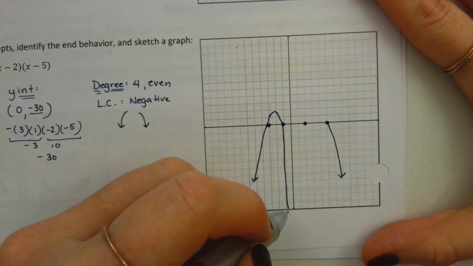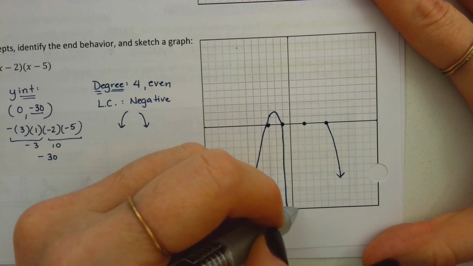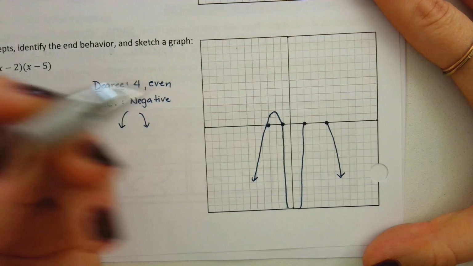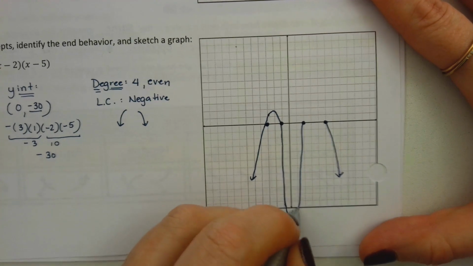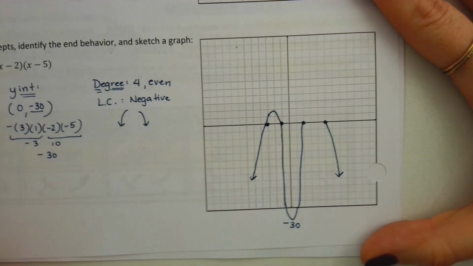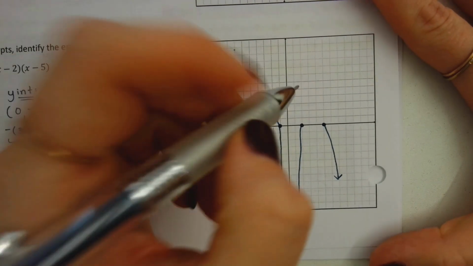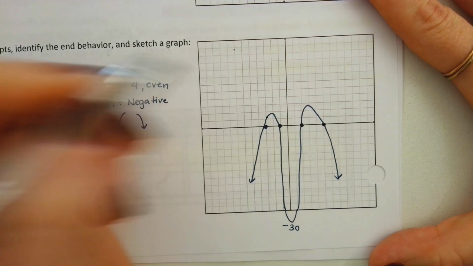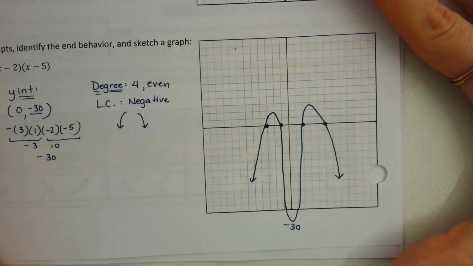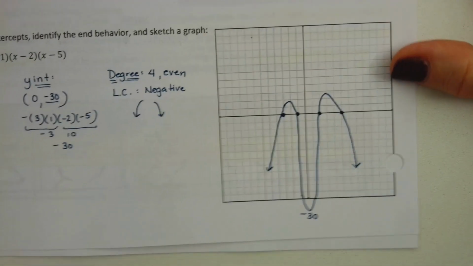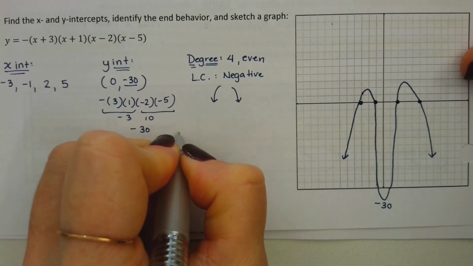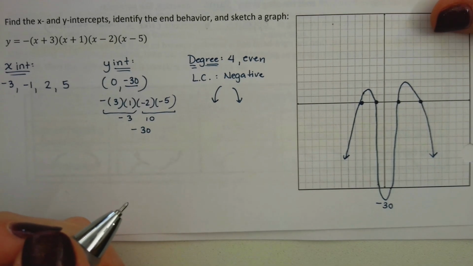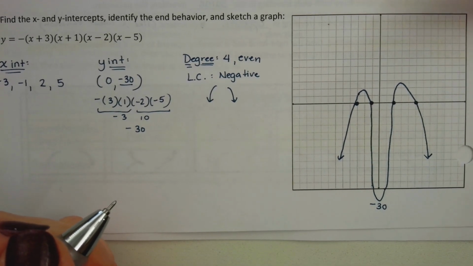And then it's going to pick up, come back around, get this one. If you want to, maybe just write negative 30 down there, just so you know it's going down there somewhere. And then it's going to come back up. Got to turn around again and get this one. What's the answer for both the end behaviors? Negative infinity, because they're both going down, right?